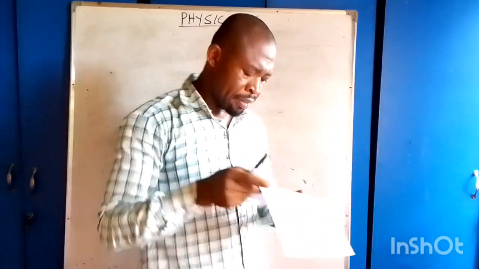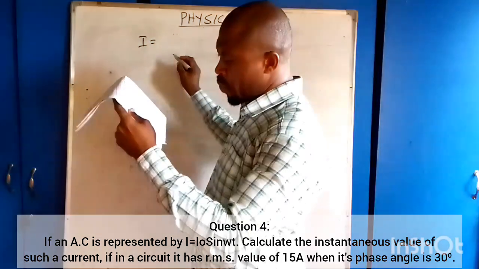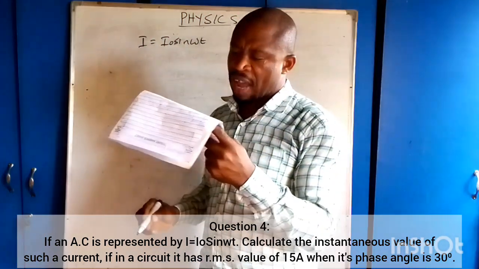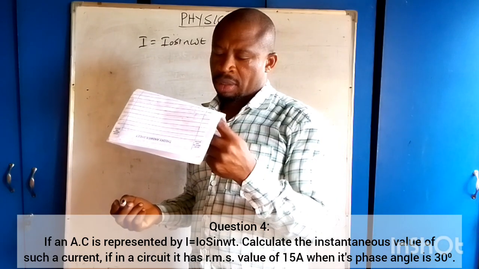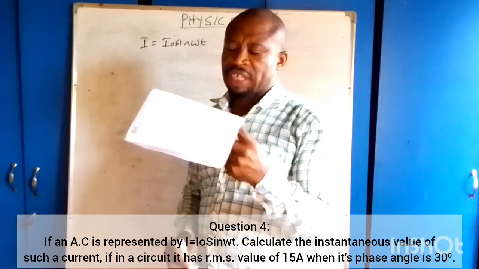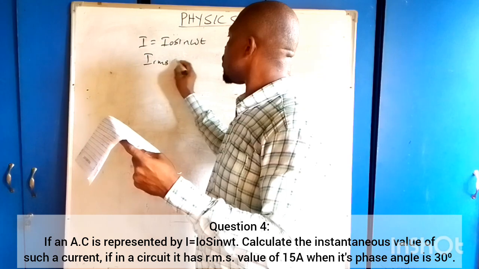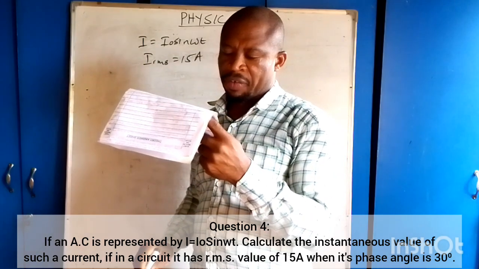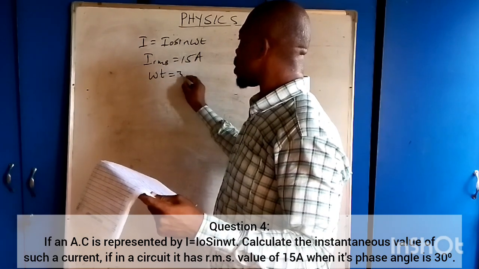Now this question says, if an AC circuit is represented by the equation I equals I naught sine omega t, calculate the instantaneous value of such a current if it has an RMS value of 15 ampere when its phase angle omega t is 30 degrees.